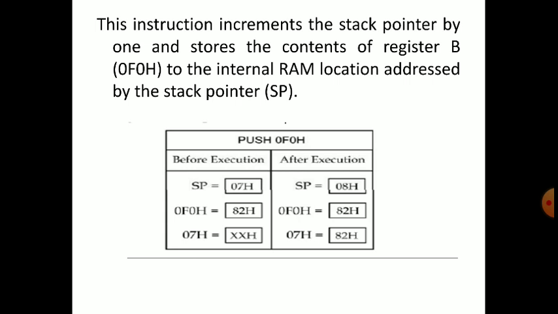Then after execution, the stack pointer will be incremented, that is 08h, and the 0f0, that is the B register, has the same value 82h, and that 82h will be copied onto the 07, that is the previously pointed stack pointer value, because 07h is empty. Before execution, stack pointer is pointed to the top of the stack, and after execution it will be incremented to the 08. So 07h will be occupied with this 82h content.